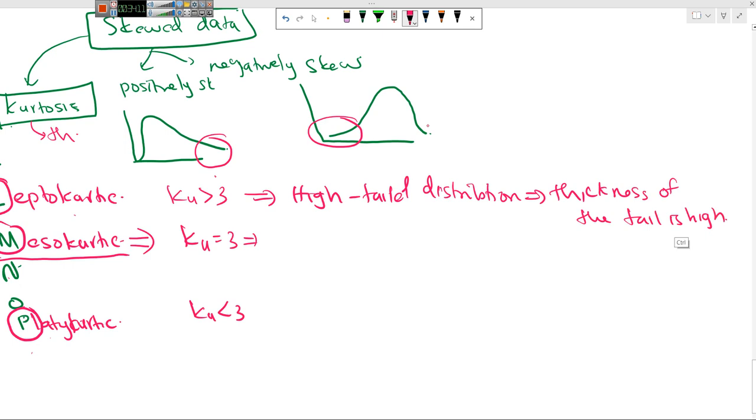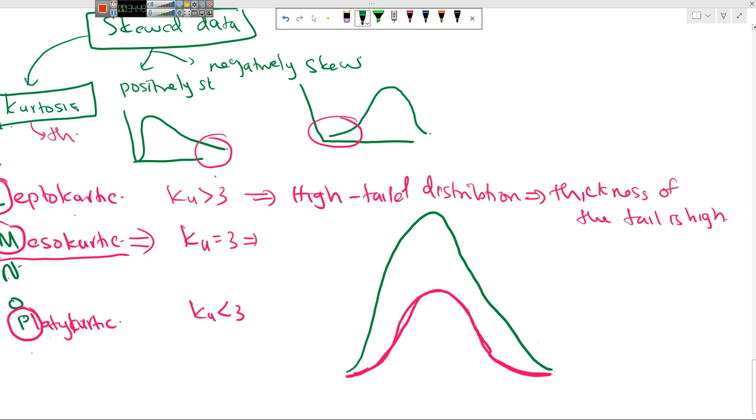Or in other words, we can say that the peak of the distribution is sharp. This is how we can draw the leptokurtic, mesokurtic, and platykurtic distributions. Let me use different colors so that you can easily understand. Let's say this is the ideal normal distribution. Now this is the format of leptokurtic.